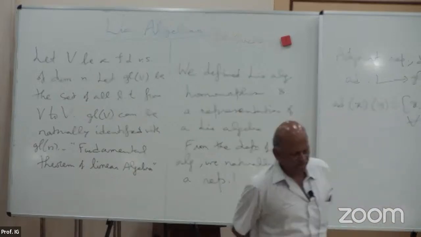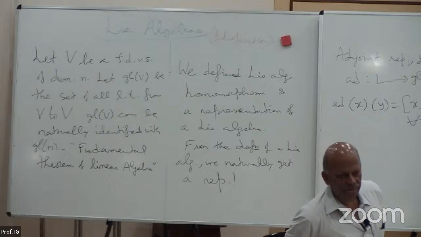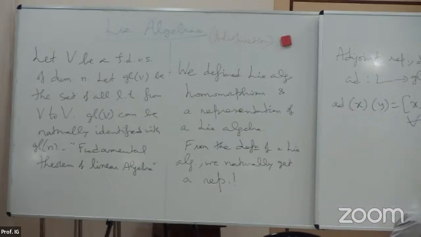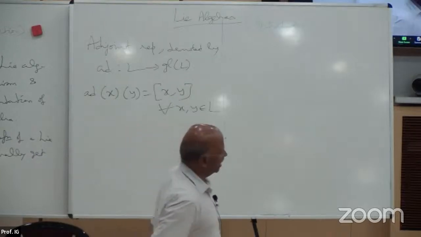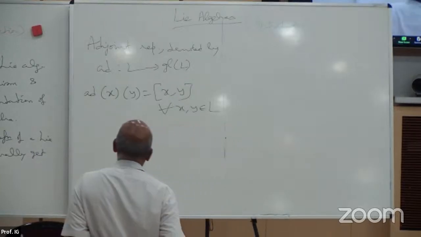For every x, y in L, ad x of y is going to be the bracket [x, y]. So ad x is supposed to be a linear transformation from L to L, and it should satisfy various conditions. So first let us verify all those conditions.